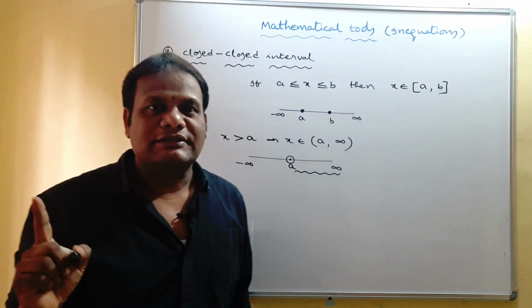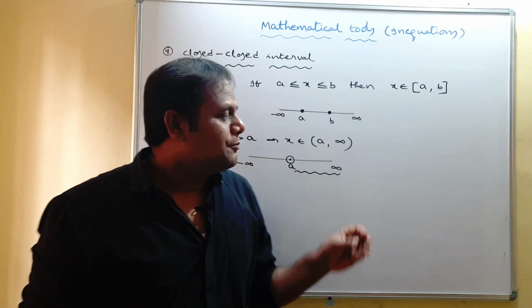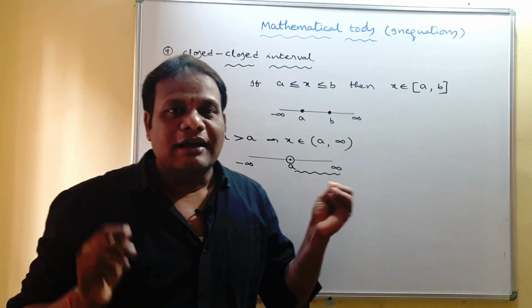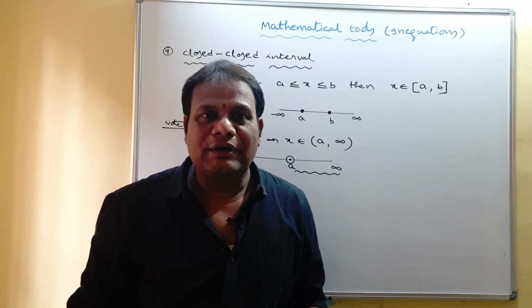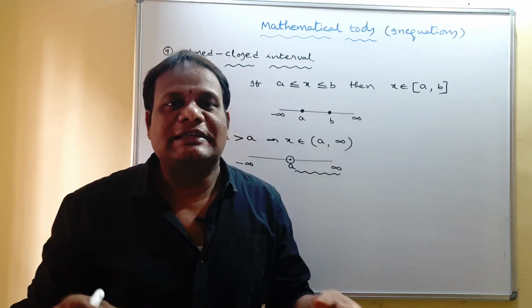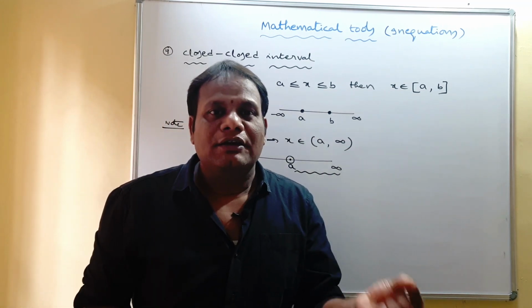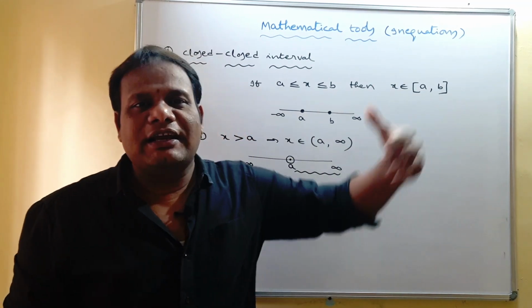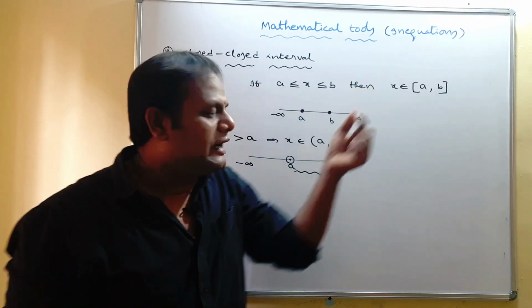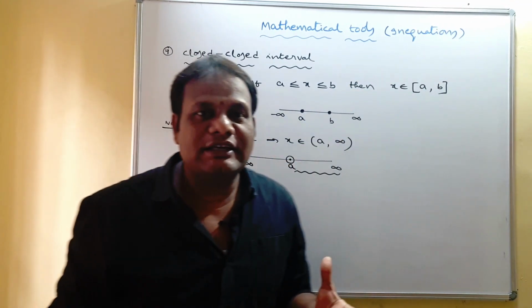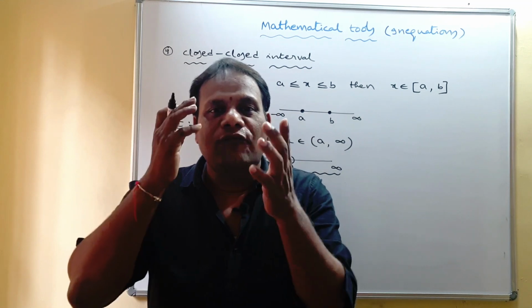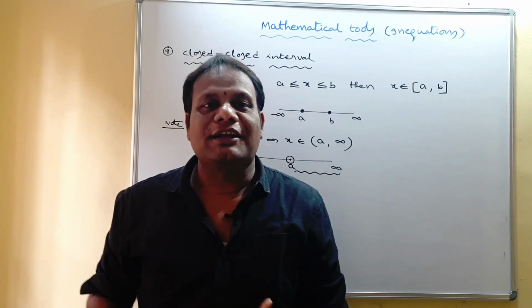My dear students, you must remember that minus infinity and infinity are not real numbers, those are just symbols. So here infinity is a symbol which represents a very large number, and minus infinity is also a symbol. This represents a very small real number.